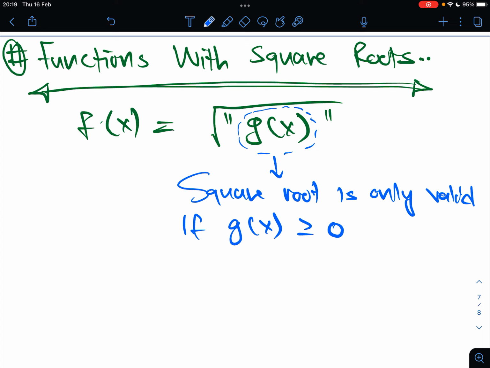A rooted function can never work when you put something negative underneath it. The root function can only provide you with an output when you put positive things as arguments. If you put negative things as arguments, you don't get anything out. You must put positive things as arguments. You see that?